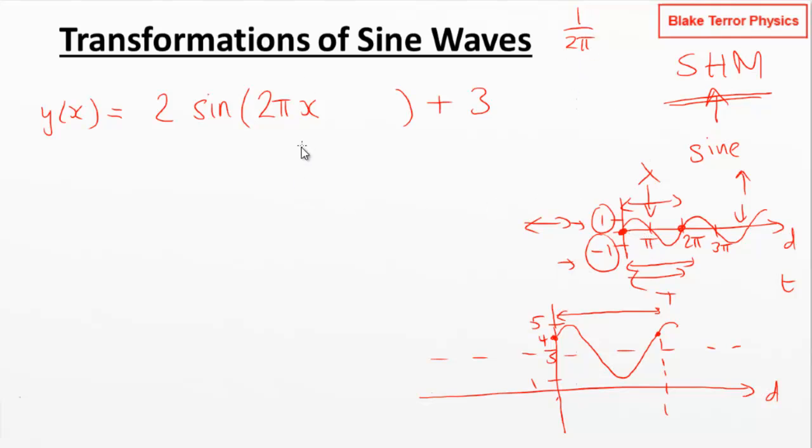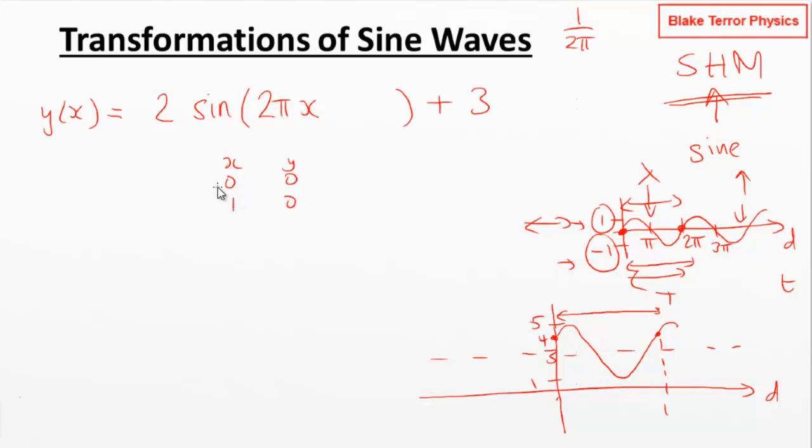of 1. Another way of thinking about this is, say we had just done that transformation and nothing else. Then when x is 0, we'd have sine of 0. So that's fine. So when x is 0, y is 0. If x is then equal to 1, in this case, then we're going to have sine of 2 pi.